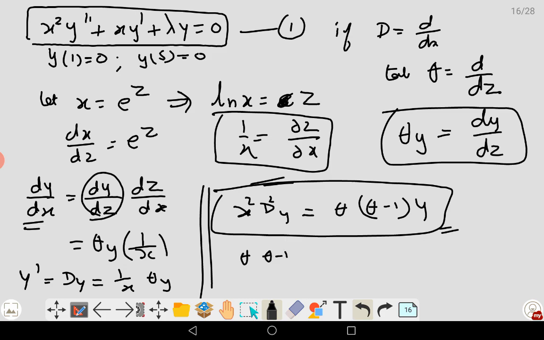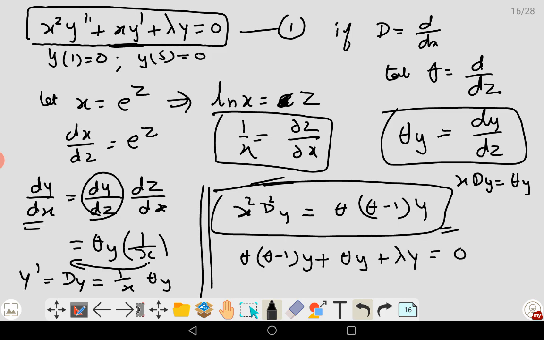Therefore equation number 1 becomes: the first term, x square d square y, will be theta into theta minus 1 y. The second, when you multiply x to the left, x into dy is theta y, plus lambda y is 0.